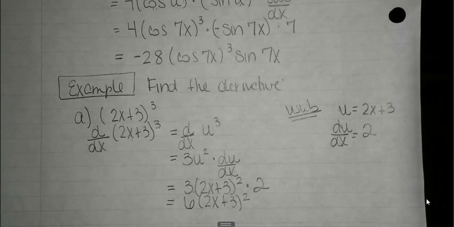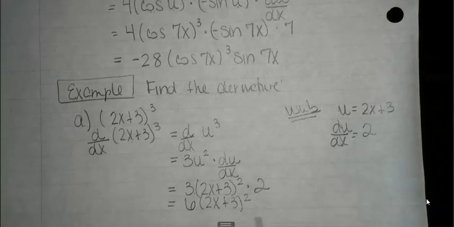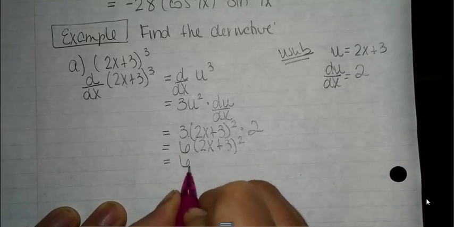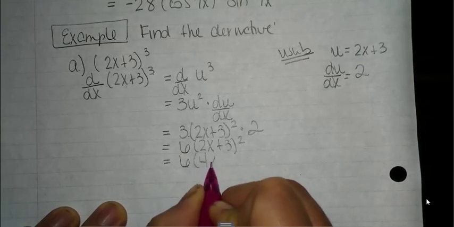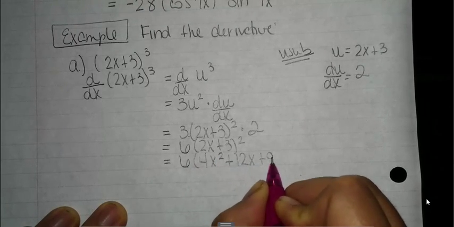Okay? Now, if they wanted you to, you could potentially multiply this out further if you needed to. So, just to remind you guys, this could potentially be 6 times 4x squared plus 12x plus 9.